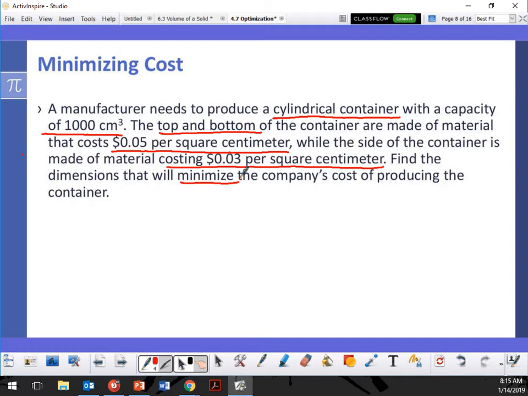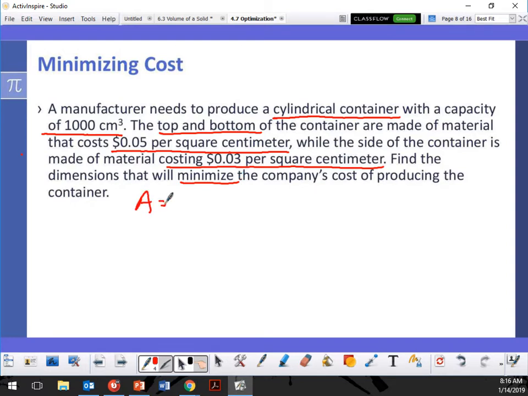The container is an area. So I'm minimizing the cost of the container, and it's supposed to be equal to this volume. We have two different things that we're doing, because it's going to be equal to the volume, and it's also the container's area. So let's talk about area first.